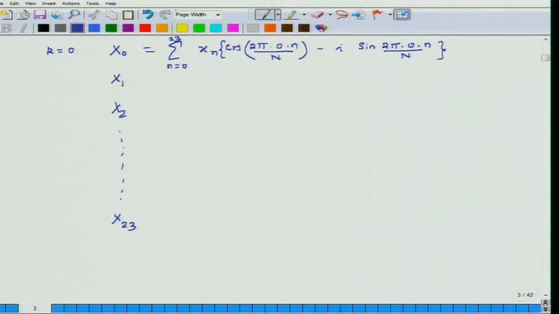Okay. So we have put the value of k as 0.